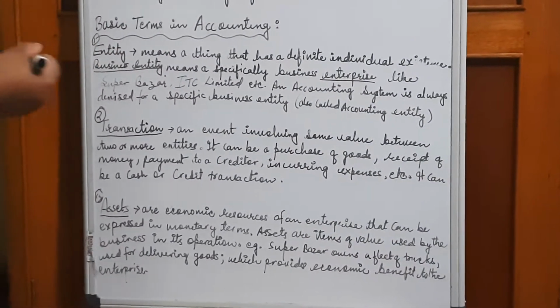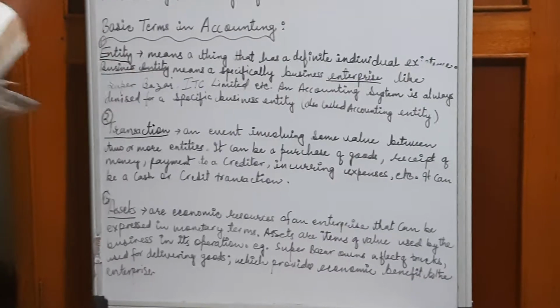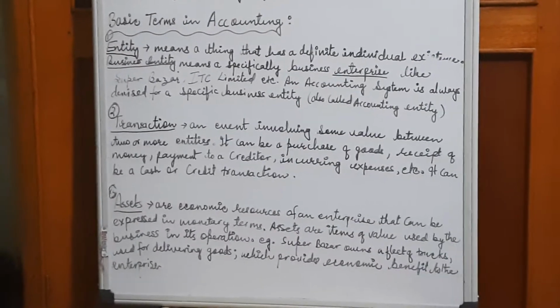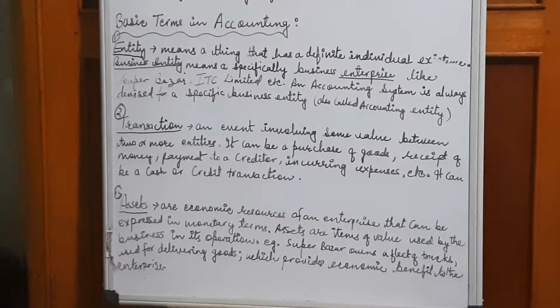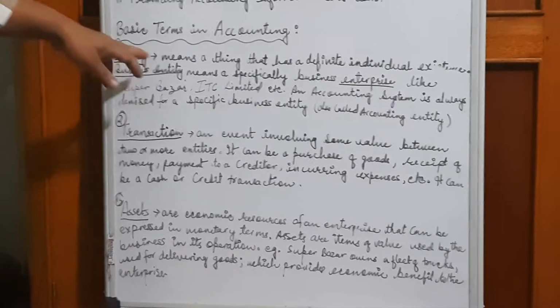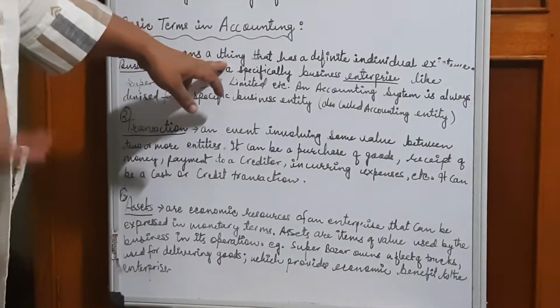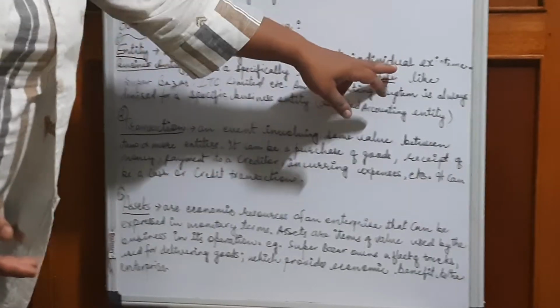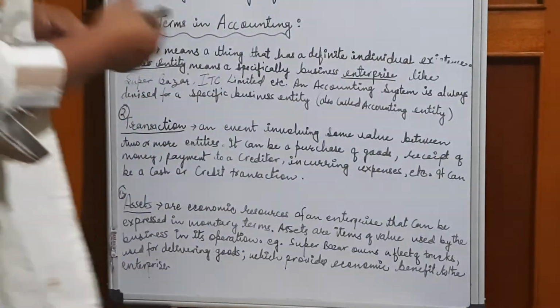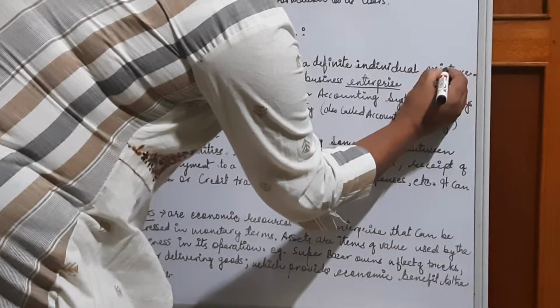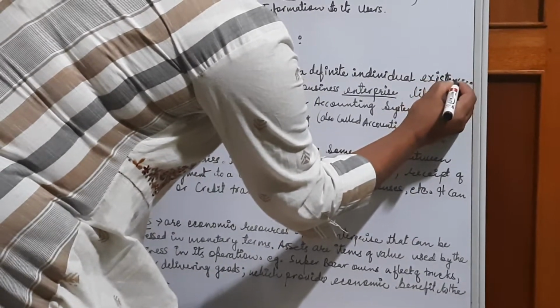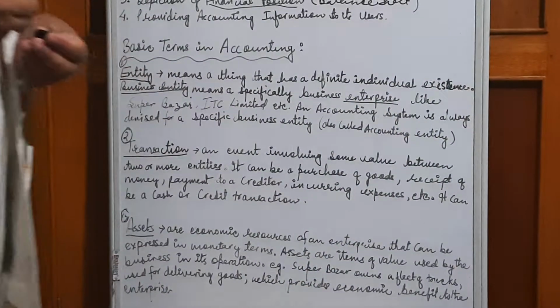Now what does entity mean? A commonly used word. You will only find this entity in business studies or in accountancy. See, entity means a thing, understand, that has a definite individual existence. Definite individual existence. It will not be mixed up with any other thing.